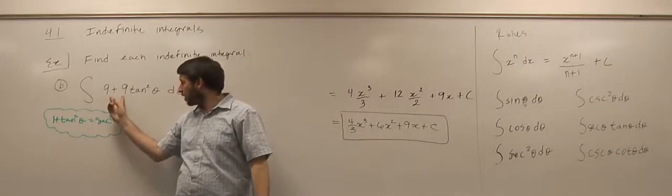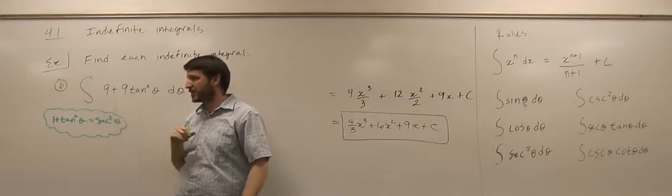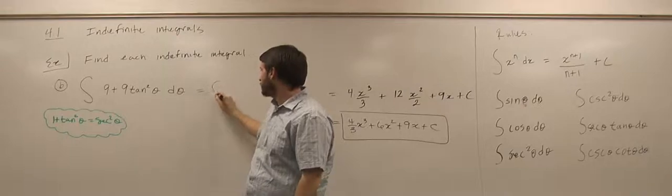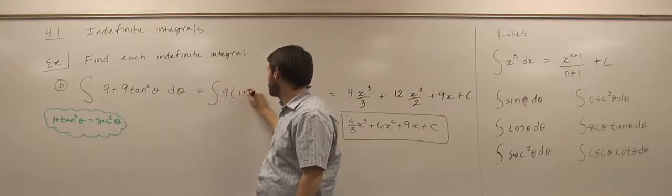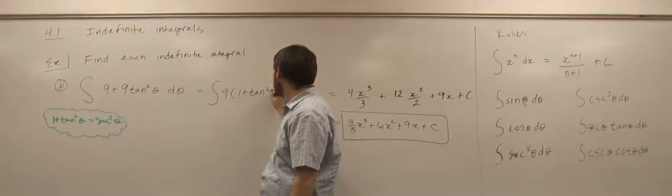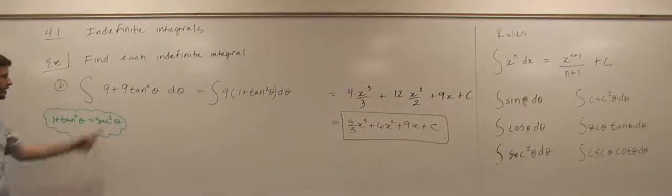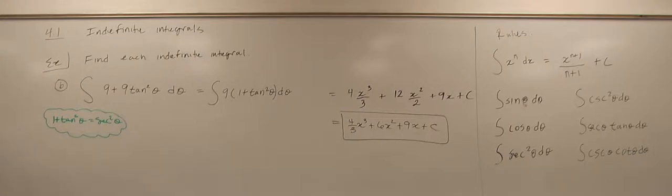Unfortunately, I don't have 1 plus tan squared, I have 9 plus 9 tan squared. So the trick is to factor out the 9. If you factor a 9 out of both terms, you then have 9 times 1 plus tan squared. And at this point, you can apply your identity.